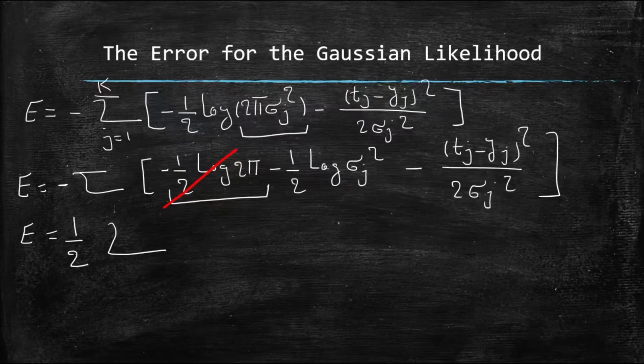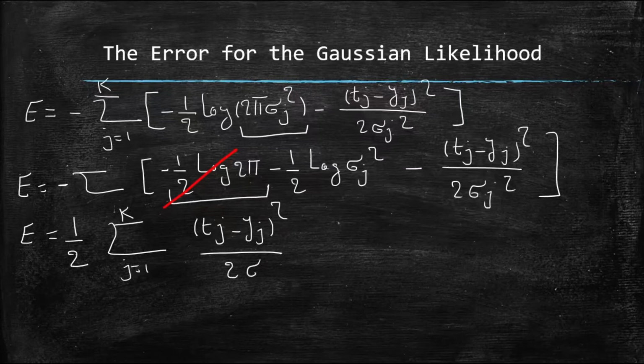The sigma will stay, j equals 1 to k, and I will end up with tj minus yj squared divided by 2 sigma j squared plus the log of sigma j squared.